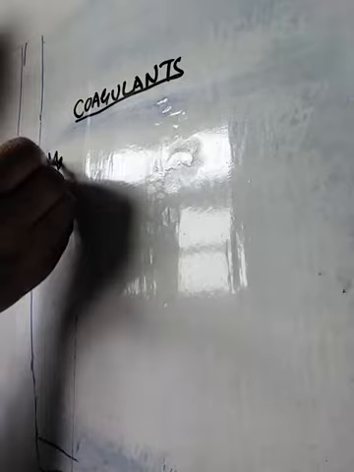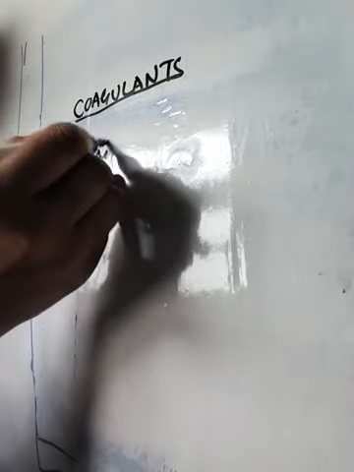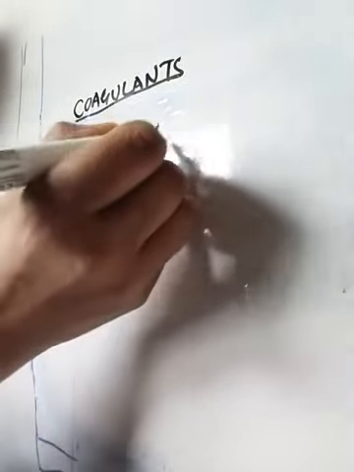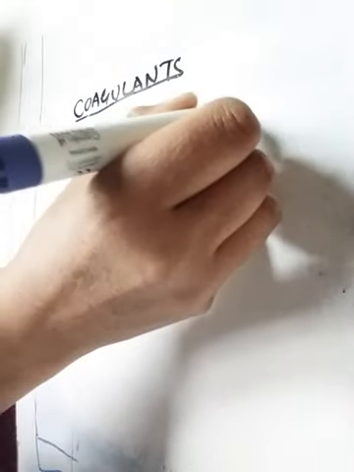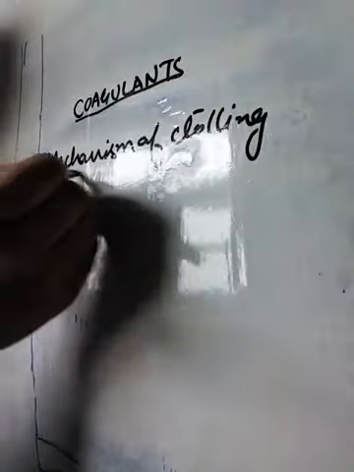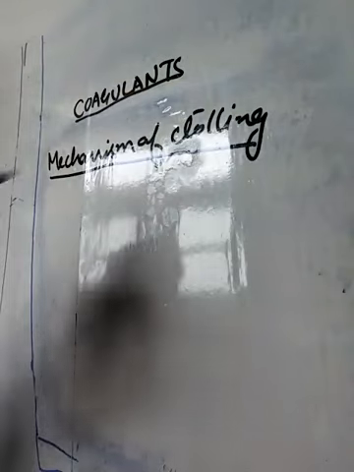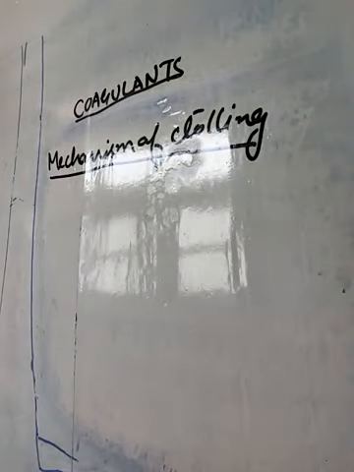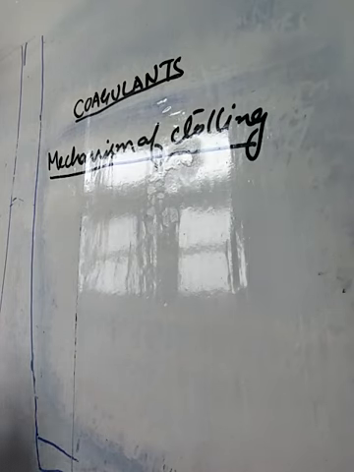Before going into the mechanism of clotting, let us first study about few of the factors responsible for the clotting. There are a number of factors which are responsible for clotting.